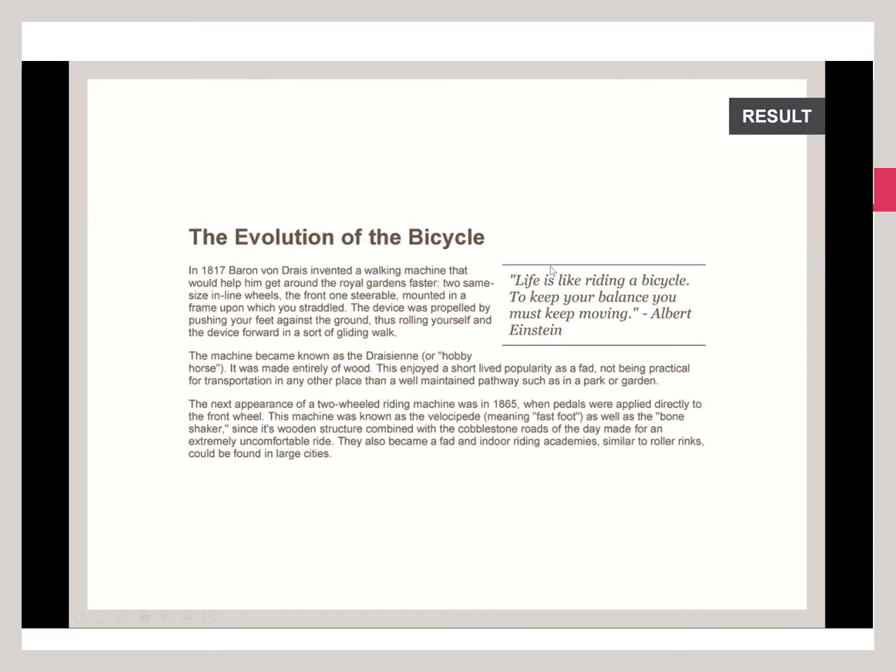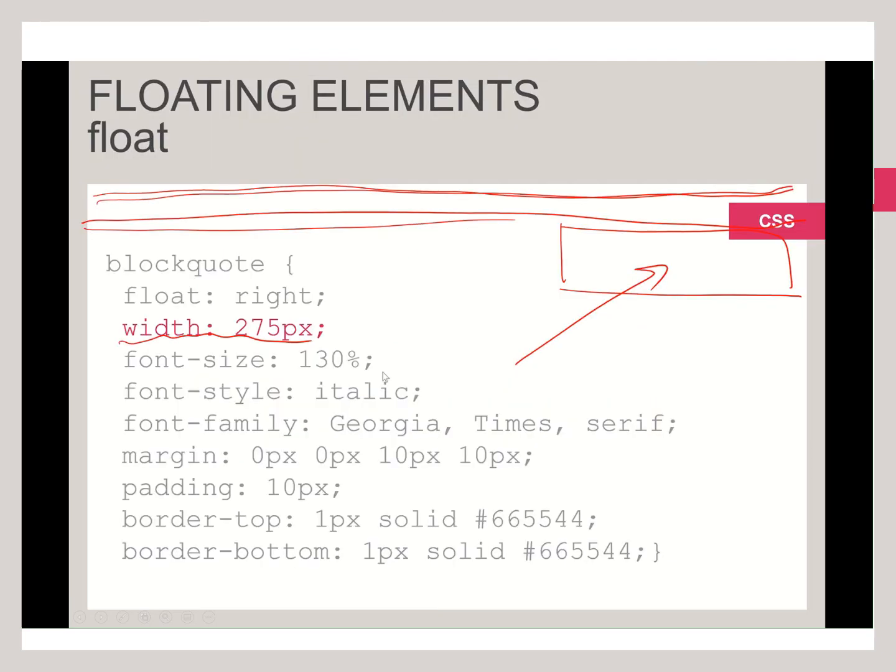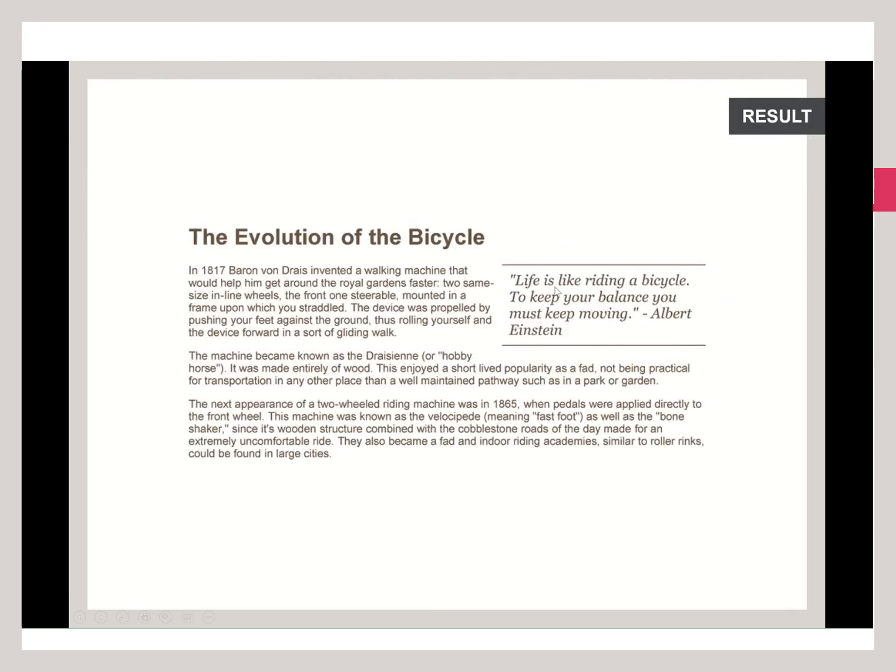Okay, then this is the result. See the result here? It shifts to the right, so that's float. Shift as much as possible. When it hits the right border line, that means you cannot float further. And then we add two border lines on the top and the bottom, and we also allow 10 pixels for the padding.